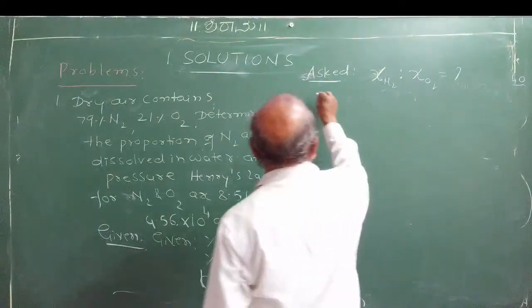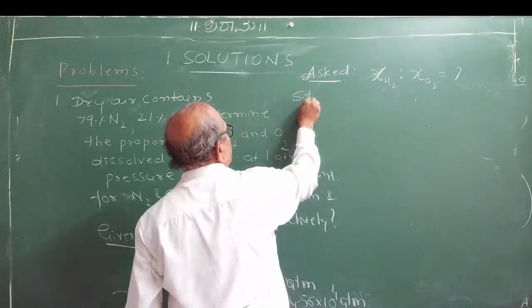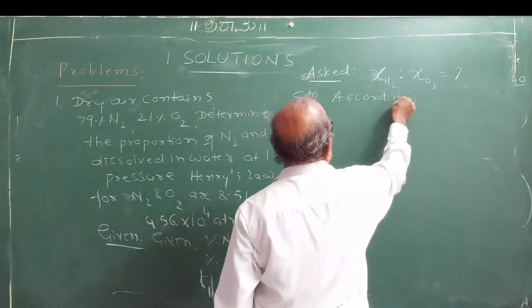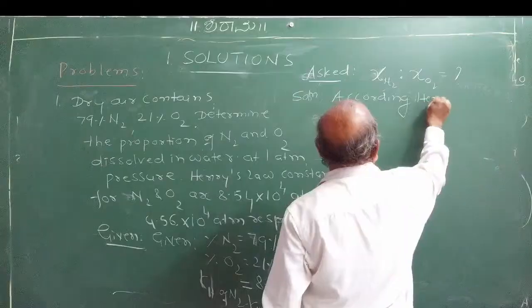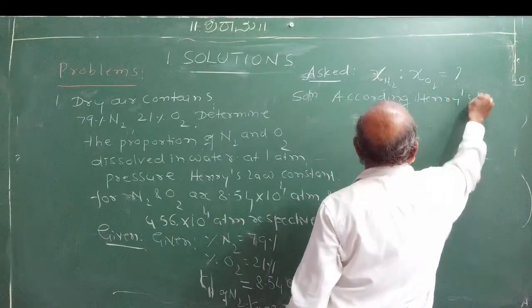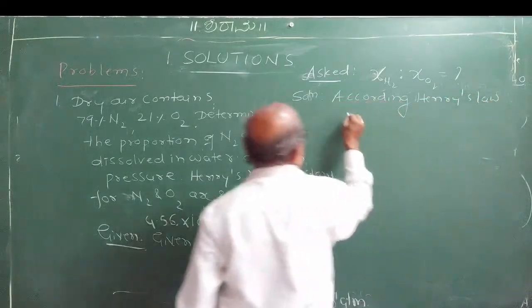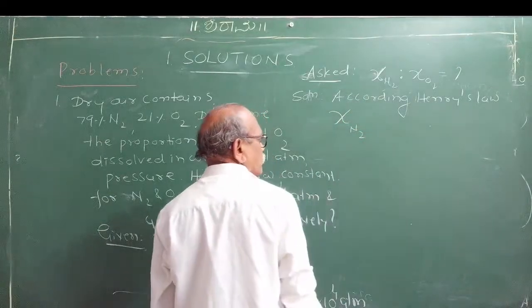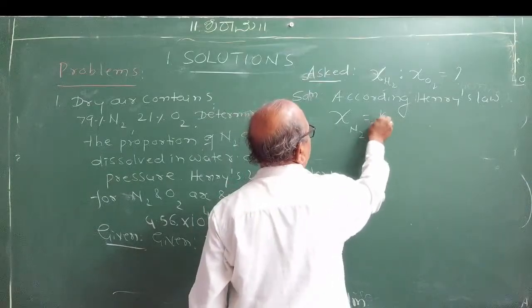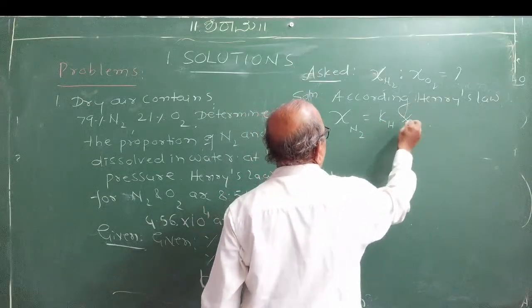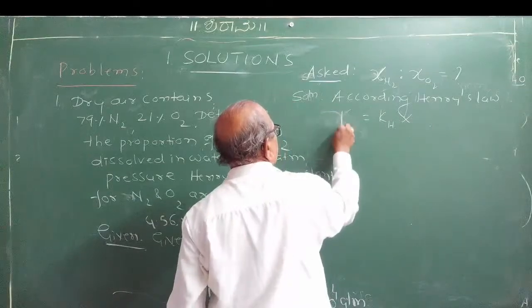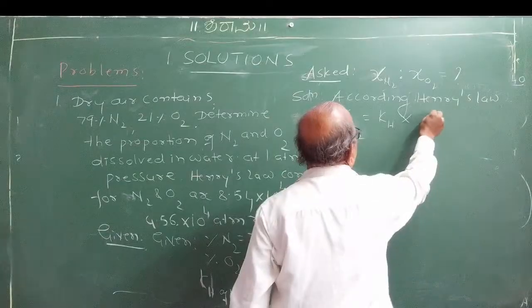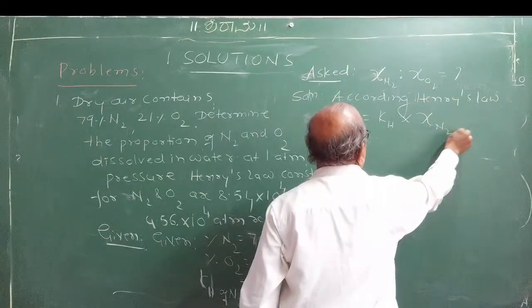Solution. Let us solve it. According to Henry's law, what is the formula? Partial pressure of nitrogen is given by KH into mole fraction of nitrogen.